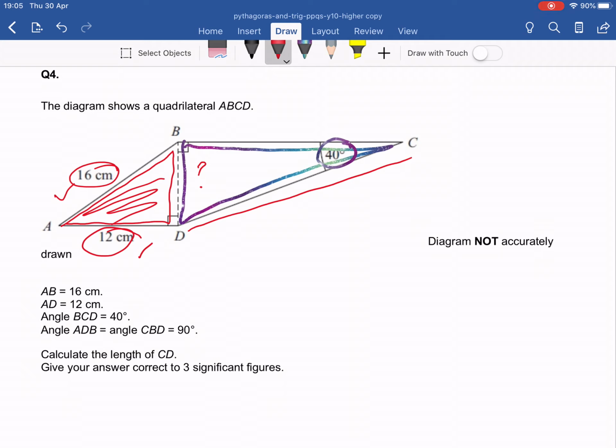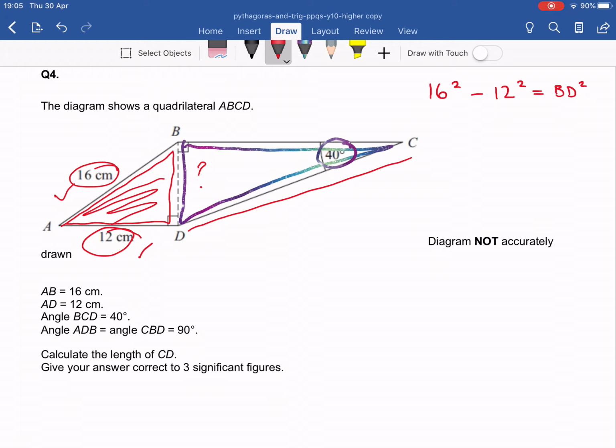Because I'm working out one of the shorter sides, I'm going to subtract. So hypotenuse squared minus one of the shorter sides squared is going to give me the other shorter side squared. But enough talk, right? So 16 squared, that's the hypotenuse squared, minus one of the shorter sides squared gives me the other shorter side squared.